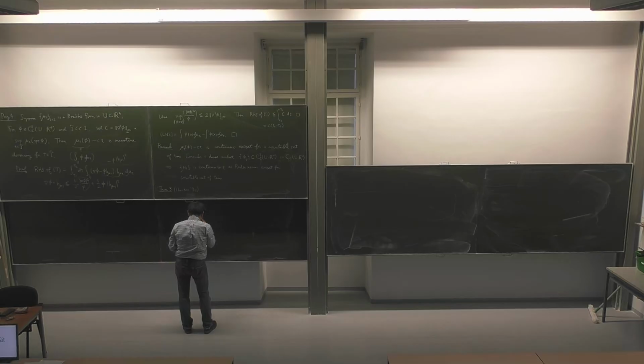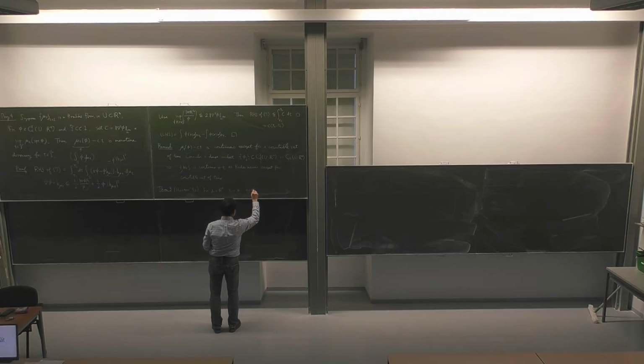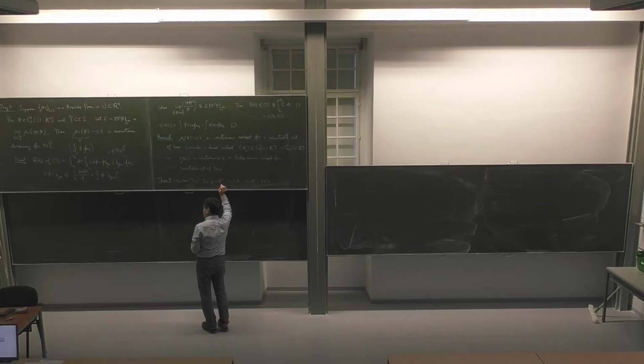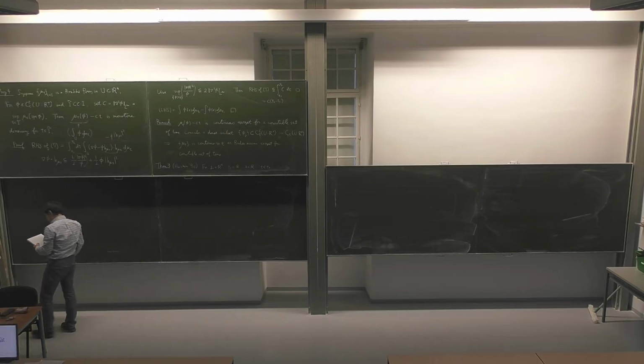Okay, so for y0 in R^n, any point, any R0, and t less than T0, one defines the so-called backward heat kernel.